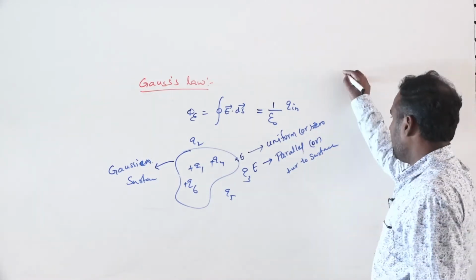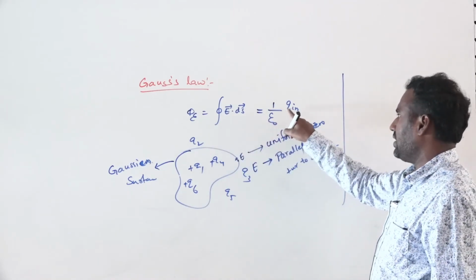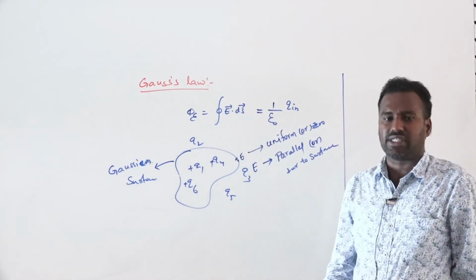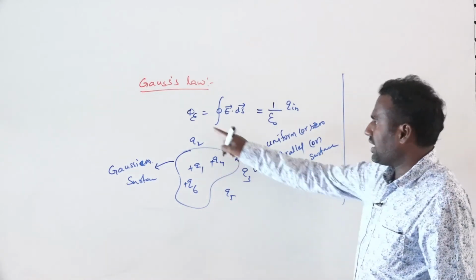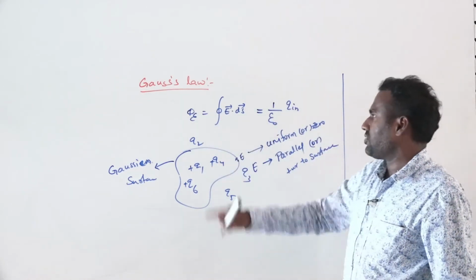Here electric flux is equal to 1 by epsilon naught times the charge present within the Gaussian surface. So, the electric flux is due to charges inside the surface only.